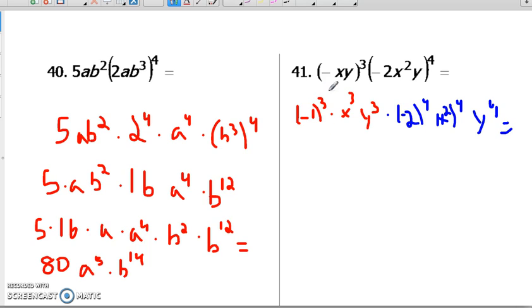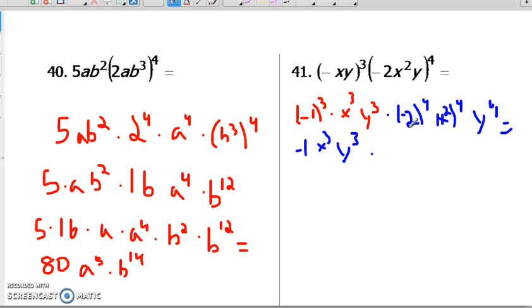Okay. So -1 to the third power, this is what Titus asked yesterday. What about when you have an odd number? Anytime you have an odd number exponent, it's always going to stay negative, because this is basically like a negative times a negative times a negative. So this -1 to the third power is just -1. X cubed, and then y cubed. All right. So now I have this -2 to the fourth power.